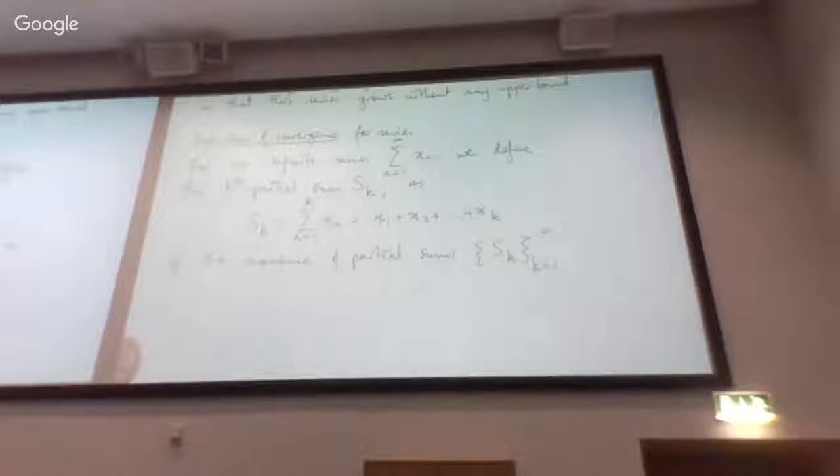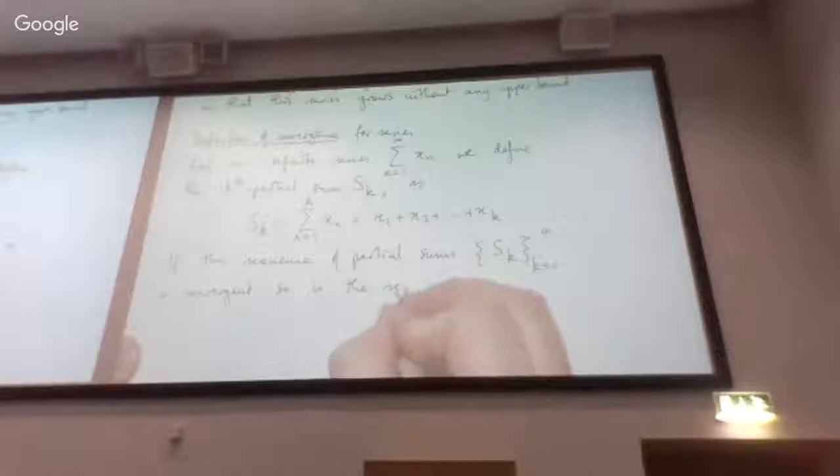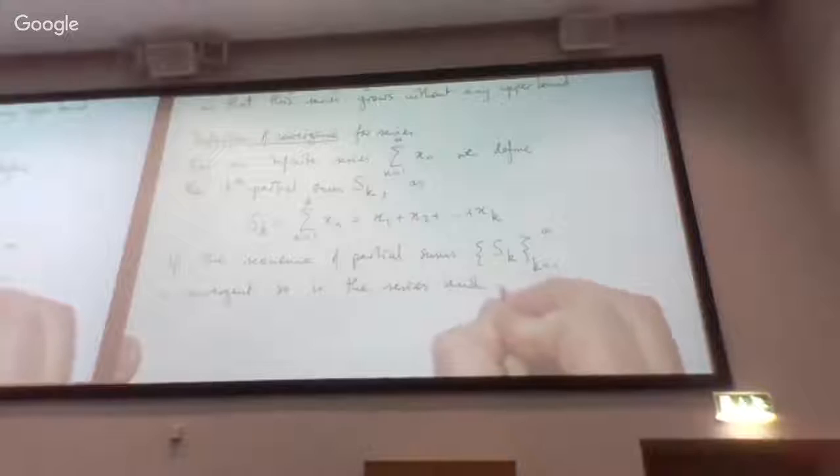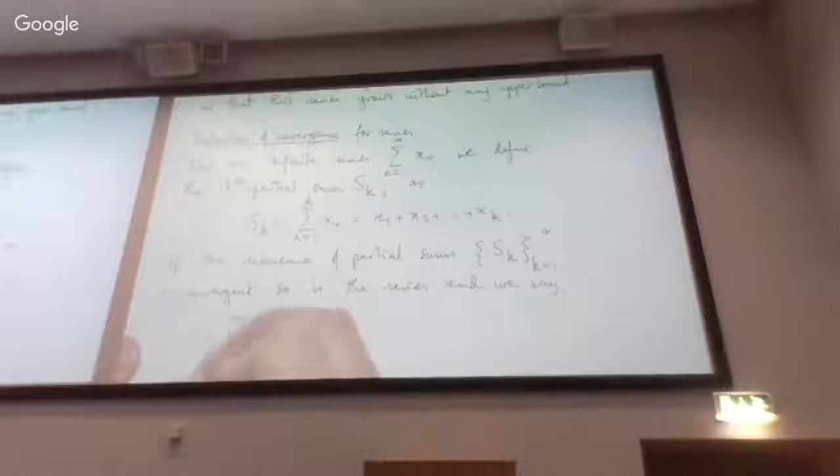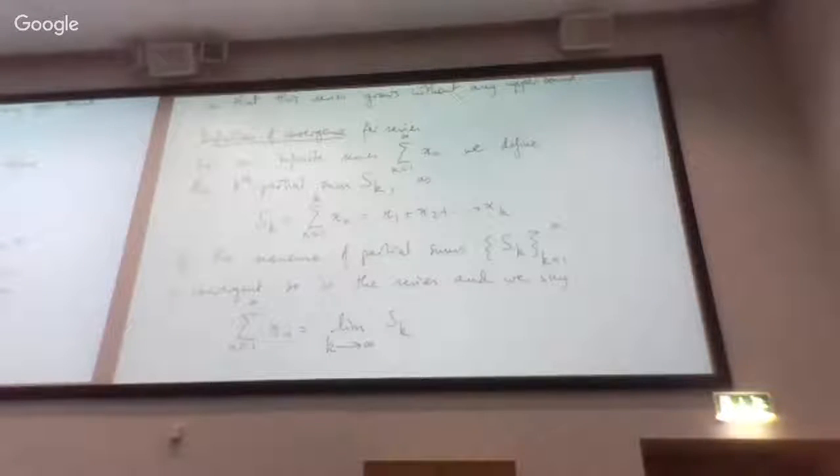And we say that the sum of the infinite series is equal to the limit as k goes to infinity of the partial sums. So that's a very nice idea. It seems entirely reasonable. The value we attach to the infinite series is the limiting value that we observe for the sequence of partial sums.